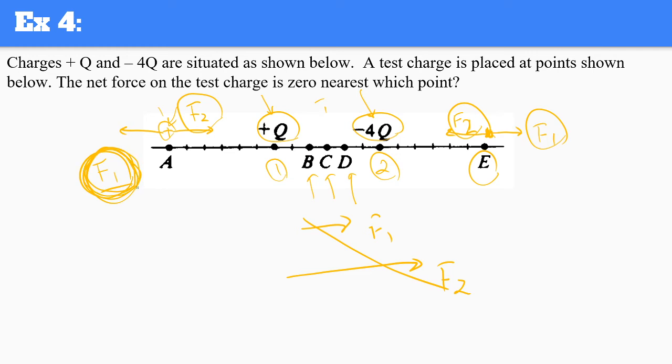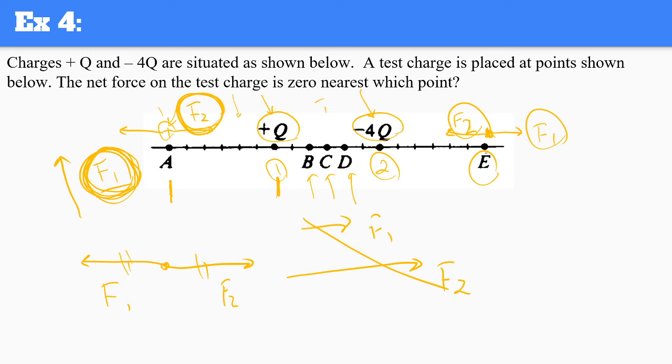Because of the charges, F1 is less than F2. If we place the test charge closer to the weaker charge, then F1 is going to be more than F2. Then that means it is possible that F1 and F2 are equal to one another, and the net force acting on this charge is 0.